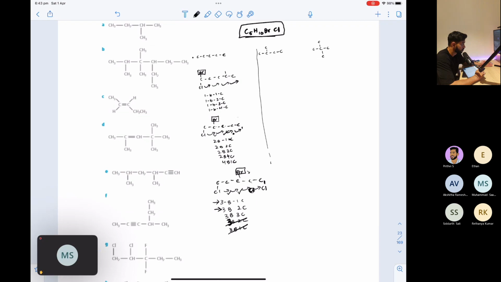I've got 1, 2, 3, 4, 5, 6, 7, 8, 9, 10, 11, 12 different isomers within that pentane main chain. You can try working out all the isomers in these 2 main chains, but it's a really good way to practice what to do when there are 2 different substituent groups.